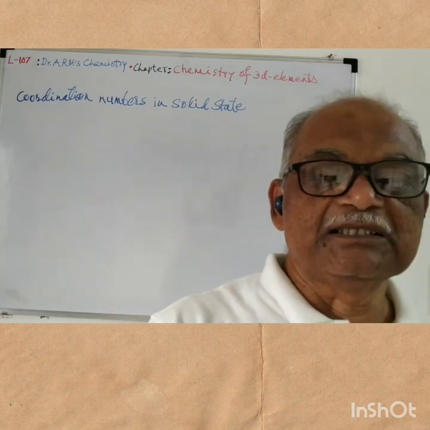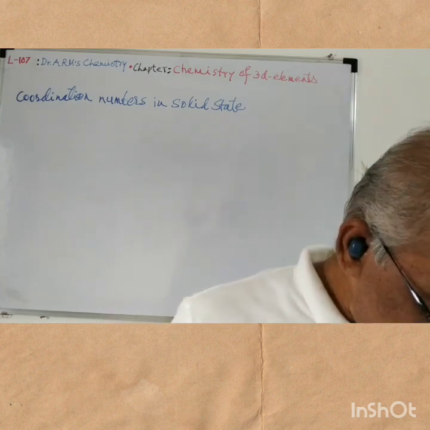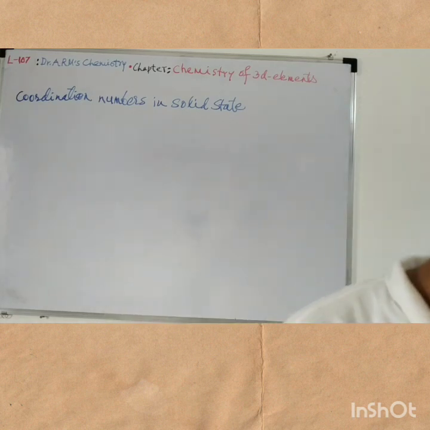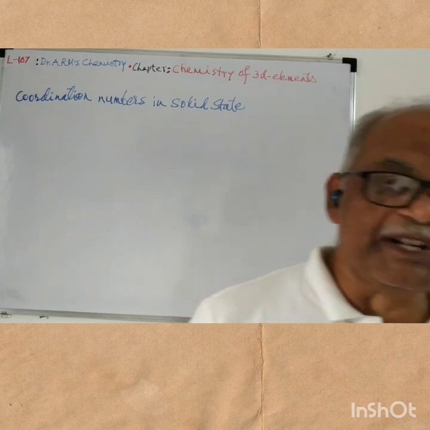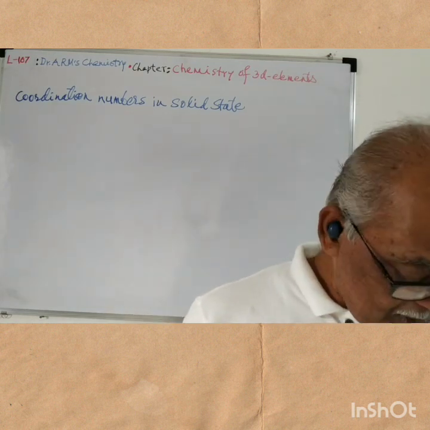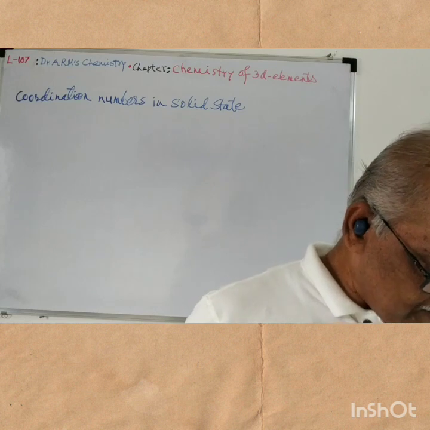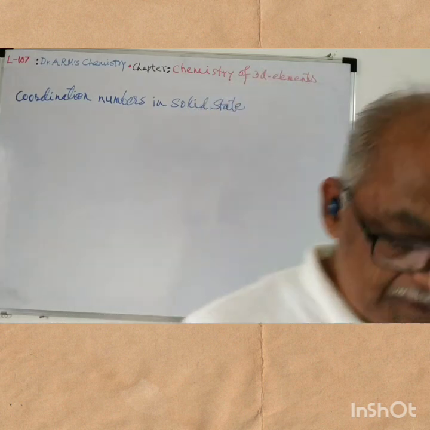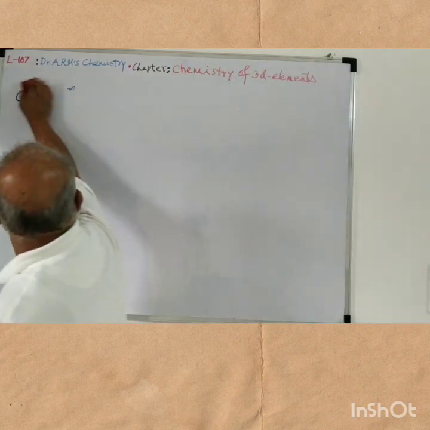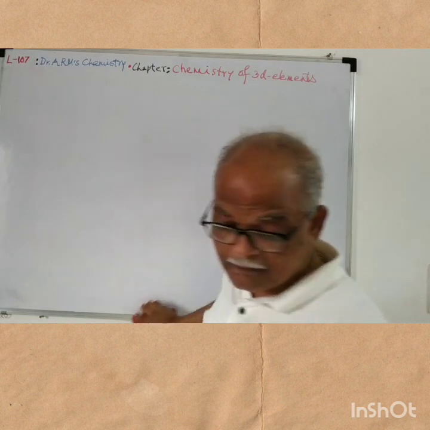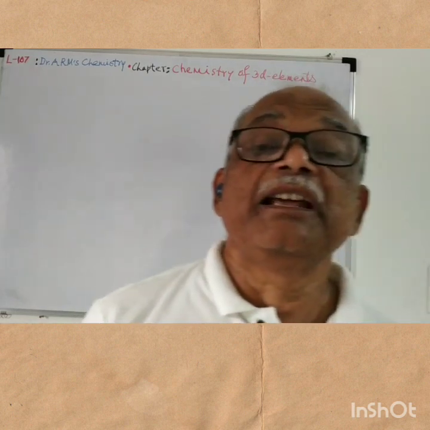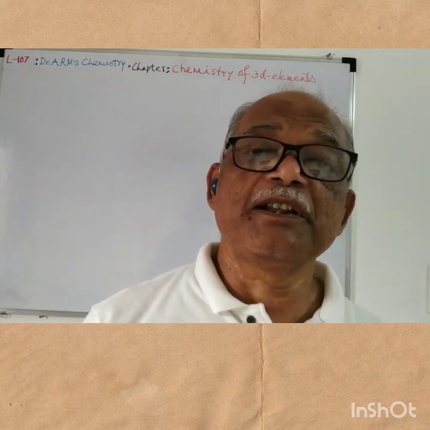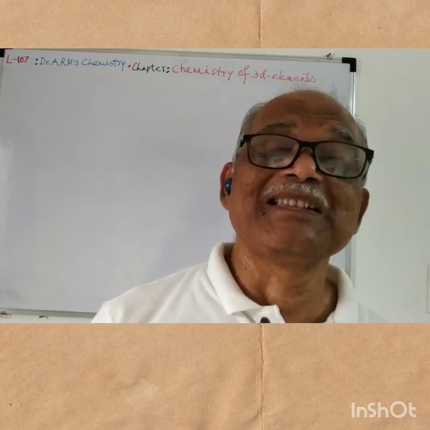So we will see the outline systematically: when the occurrence of different coordination numbers is seen. The geometries in the solid state of the d block elements are also discussed here. So first of all, we will see there are some examples in which the coordination number is found to be misleading.